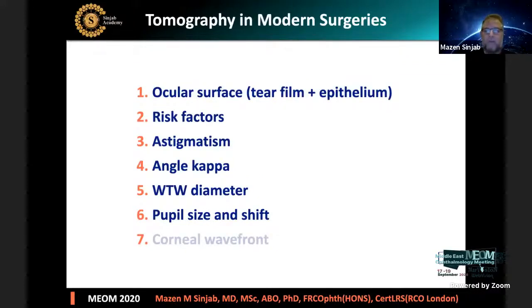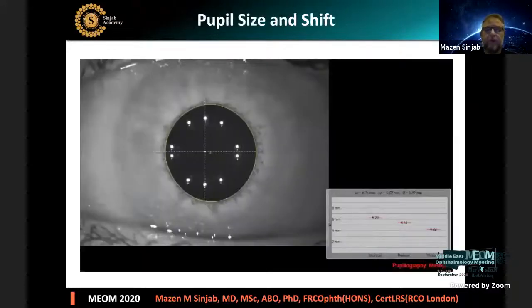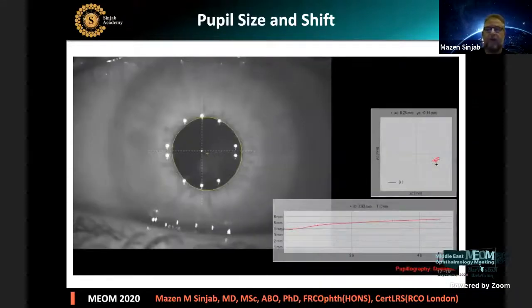We come to pupil size and shift. It's very important to measure the pupil size in the scotopic, photopic, and mesopic conditions, in addition to dynamic. Why is dynamic very important? Because the dynamic will give us the range that the pupil center has changed or moved during the dynamic. Now, if it is within 0.1 to 0.2 millimeters, that's okay.